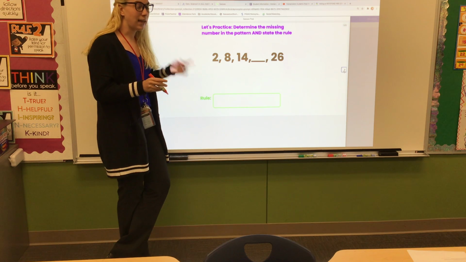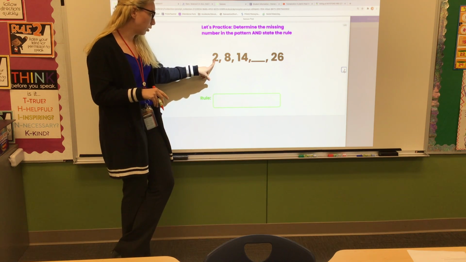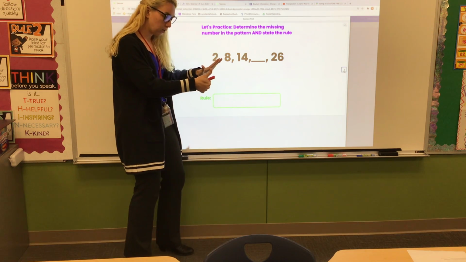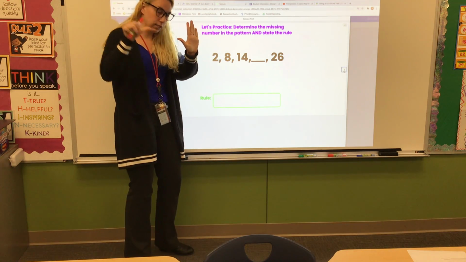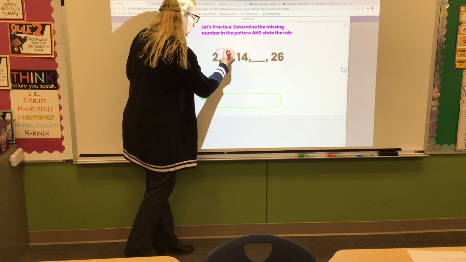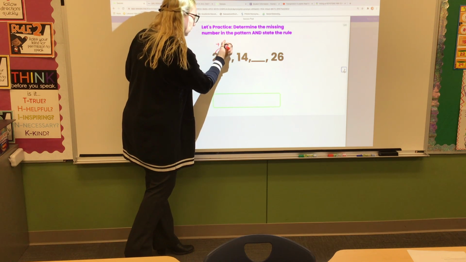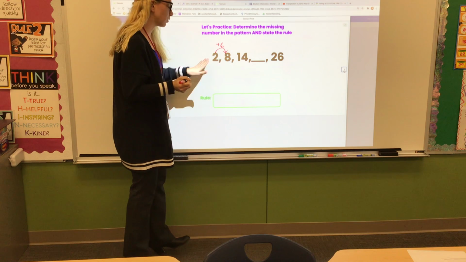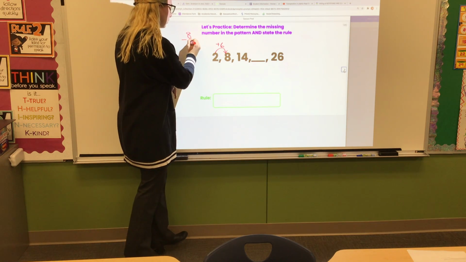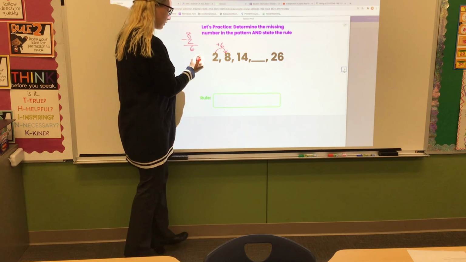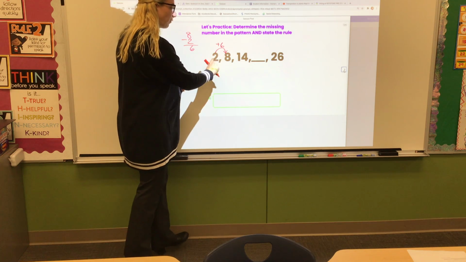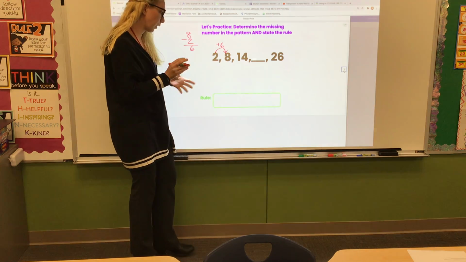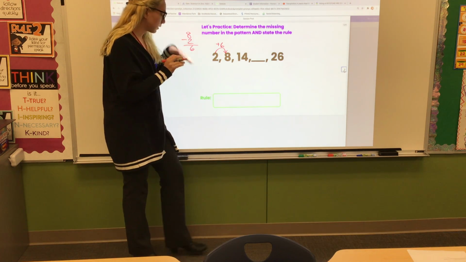I could count on and I could go, okay, I'm at 2, 3, 4, 5, 6, 7, 8. Okay, I counted on, I got 6. So I'm saying that this goes up or plus 6. Or I could use subtraction and do 8 minus 2 equals 6. It goes up, there's a difference of 6, but it's going up, so it's going plus 6 instead of minus 6, okay?